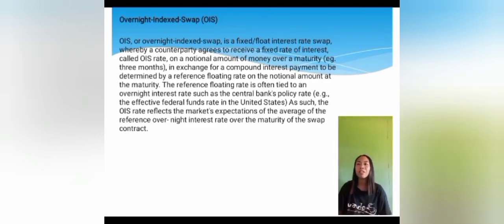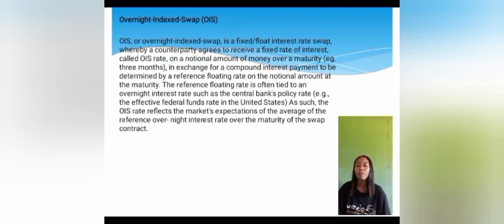So overnight index swap, or OIS, is an interest rate swap agreement where a fixed rate is swapped against a predetermined published index of a daily overnight reference rate, for example SONIA or EONIA.